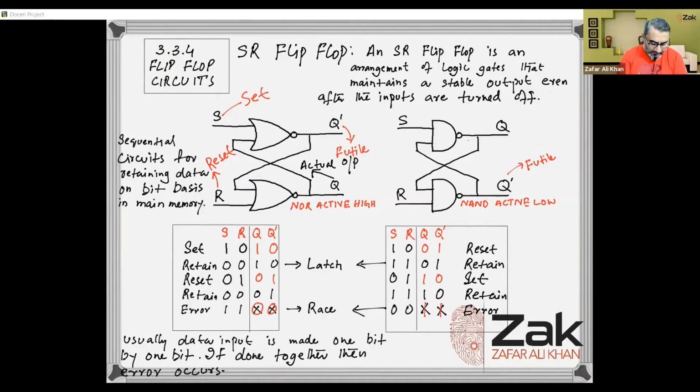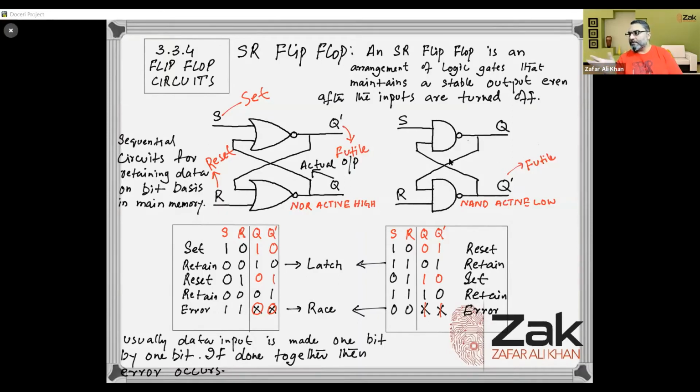SR flip-flops consist of two cross-coupled NAND gates. They can equally be well produced from NOR gates.